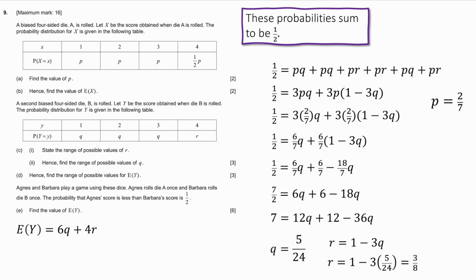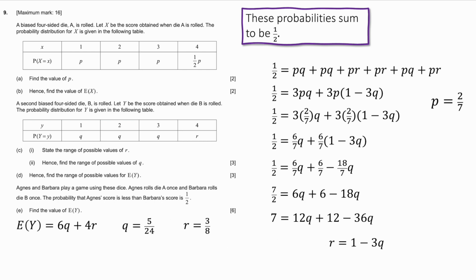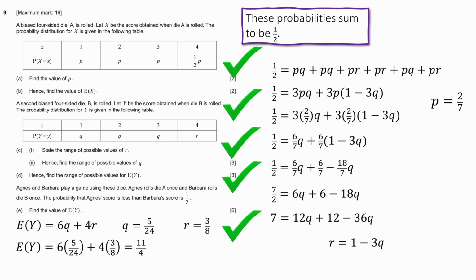So R is 3/8. And E of Y, just substituting in our fractions, 6 times 5/12 plus 4 times 3/8 is 30/24 plus 12 over 8. Simplify, we get 10/8 plus 12/8 is 22/8, or 11/4, and that's the final answer.